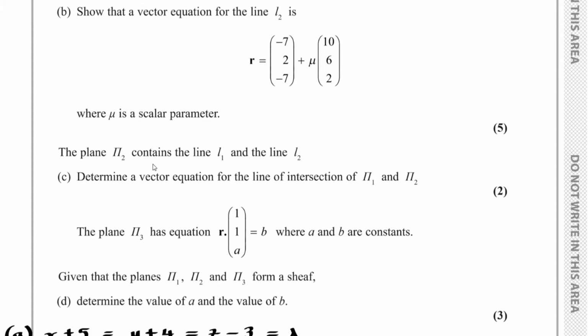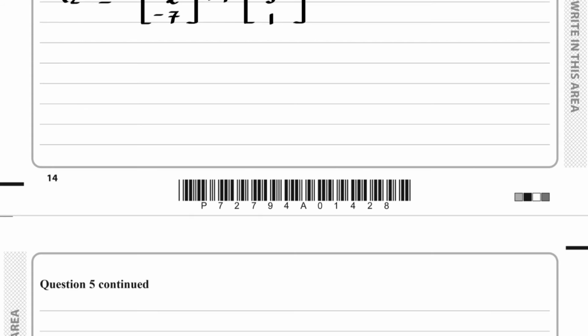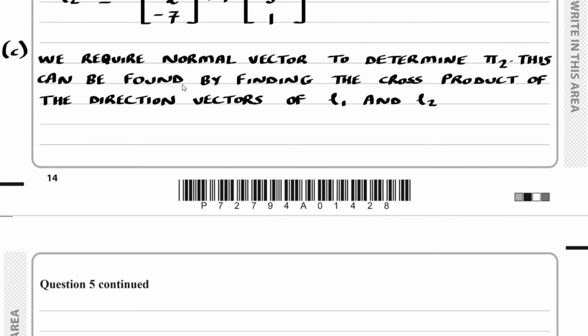The plane pi 2 contains the line L1 and the line L2. For part C, we have to determine a vector equation for the line of intersection of pi 1 and pi 2. So for part C, we require a normal vector to determine pi 2, and we can find this by finding the cross product of the direction vectors of L1 and L2.